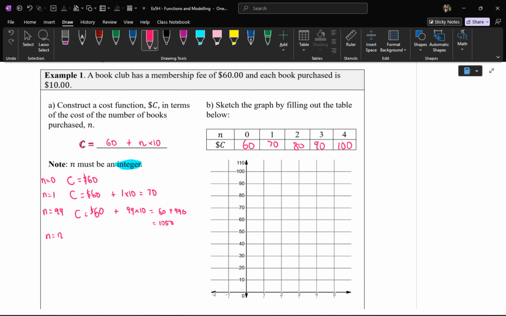So putting them together, C is the cost in the y-axis, N is the x-axis because that's the number of books. If you put it all together, you should have 60, 70, 80, 90, 100. Now, why do you not, no, don't do this bit.